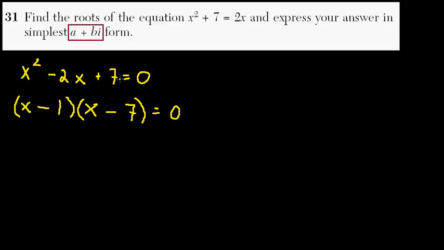That multiplies to positive 7, but then I would have negative 7x and negative x, and that's negative 8x, so that doesn't work. So the only other option would be plus and plus, but that gives us positive 7x plus positive x, and that gives us 8x. So again, we don't have this factor of 2x. That's just not in the cards for us. So this does not work.